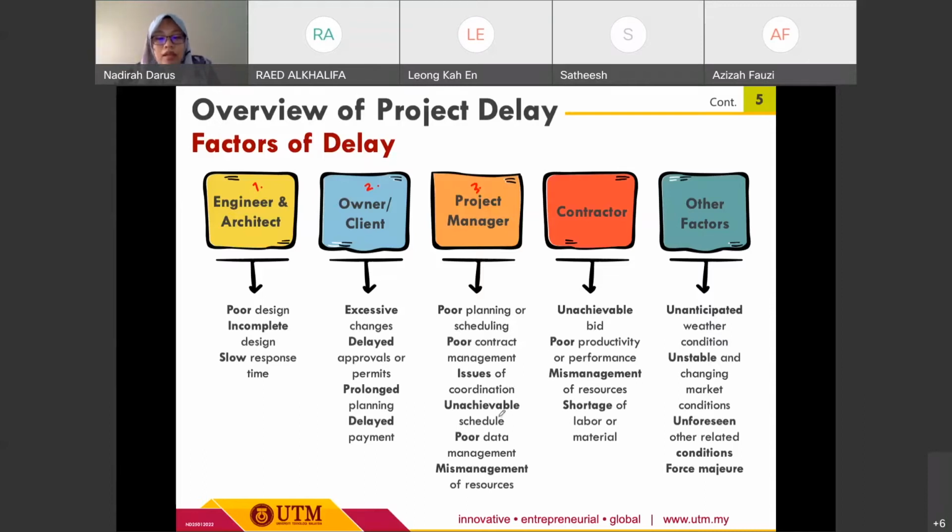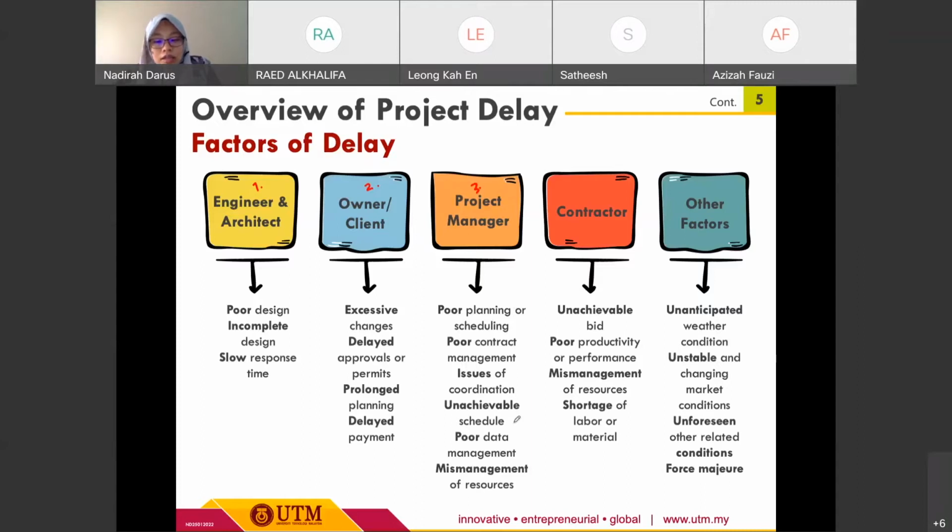Okay, and then poor data management also will be a big factor that hinders the project from being well progressed, and at the end it will cause delay. So that's why, again back to the management itself, we need to properly manage the data, we need to manage the required information properly. Okay, it's all about the management.